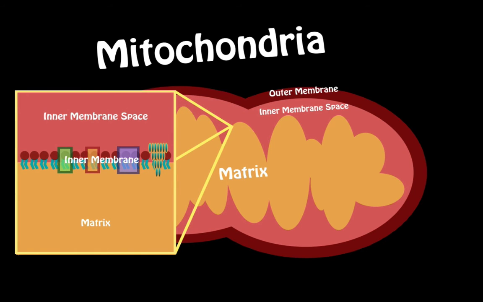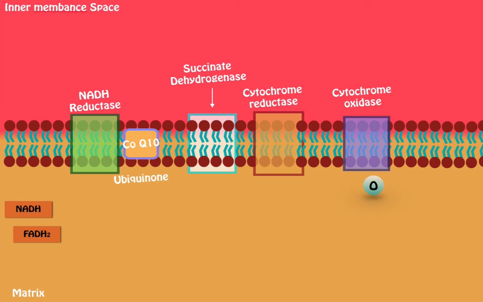So let's take a closer look at that inner membrane. Now, I have here some of the proteins that are most involved in this process. There are four main proteins: our NADH reductase, succinate dehydrogenase, cytochrome reductase, and cytochrome oxidase.